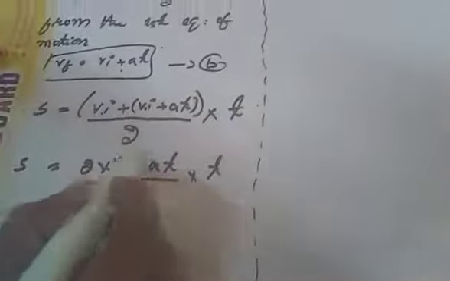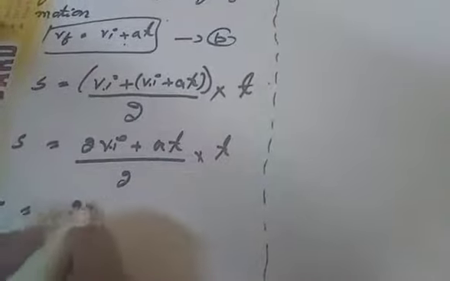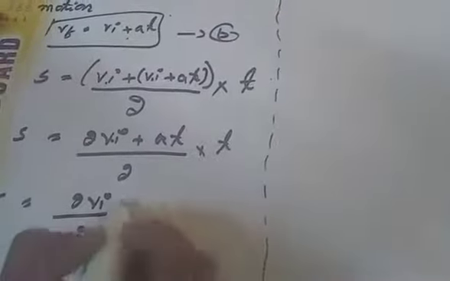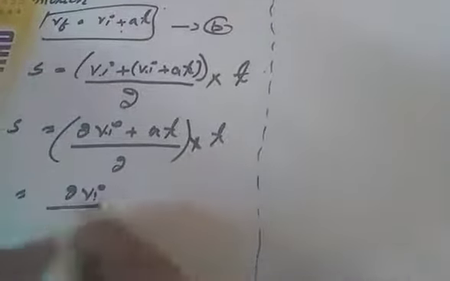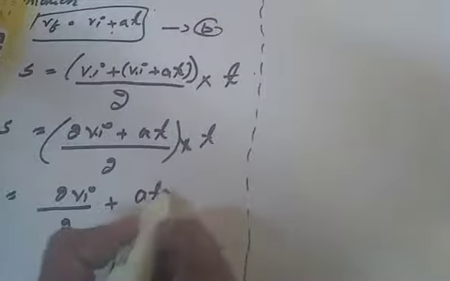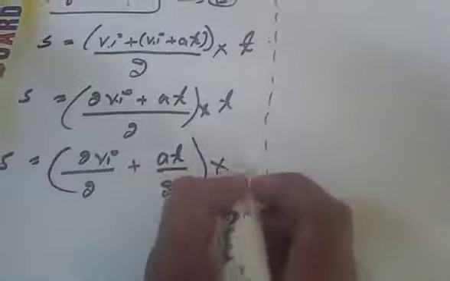We can solve it by dividing both terms of the numerator by 2 separately: 2Vi/2 plus at/2, and both of these are multiplied by t.